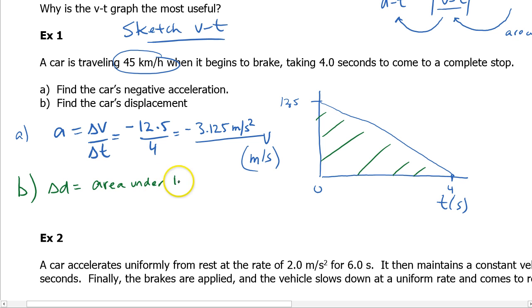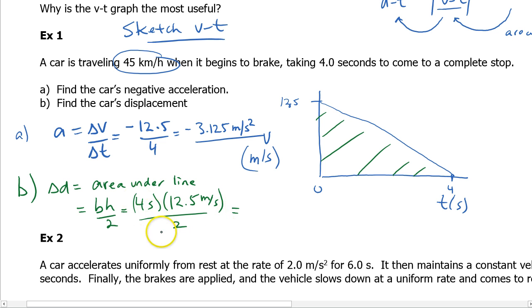So that's going to be the form of a triangle, base times height divided by 2, where the base is 4 seconds and the height is 12.5 meters per second. 4 divided by 2 is 2. 2 times 12.5 is 25. Note what happens to the units. Seconds times meters per second means that the seconds cancel each other out. I get 25 meters as my answer.